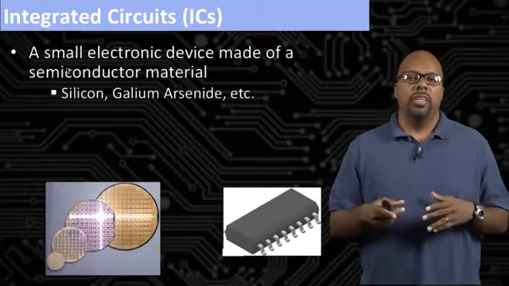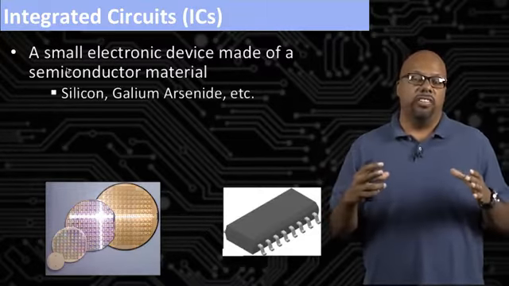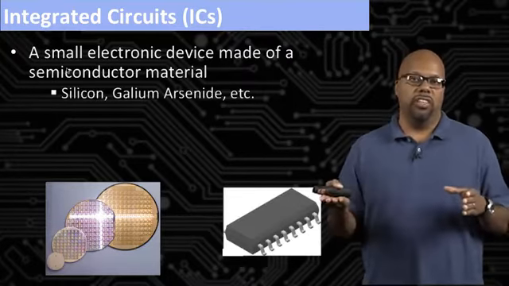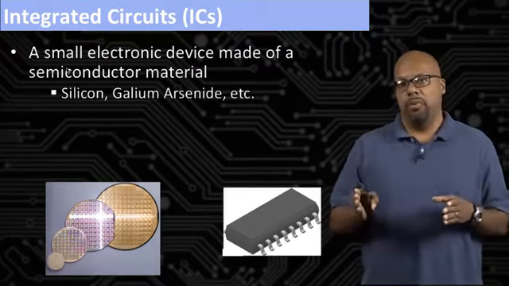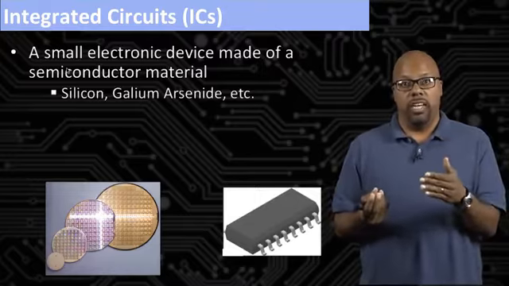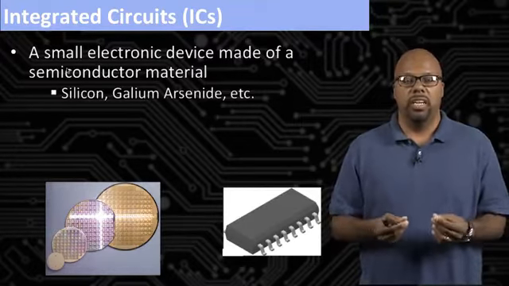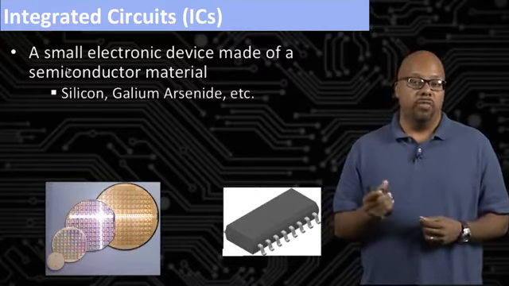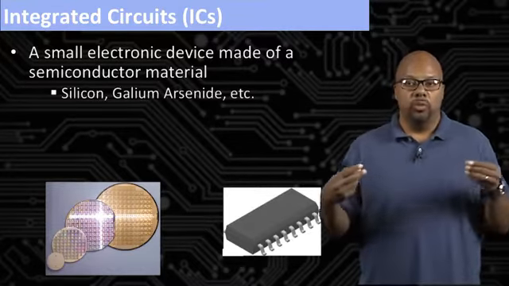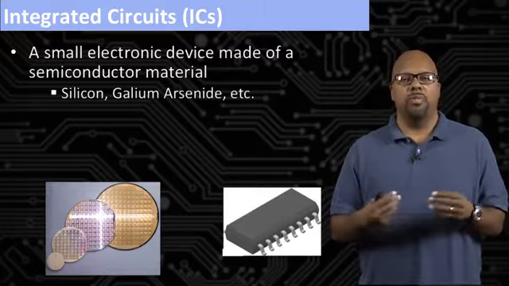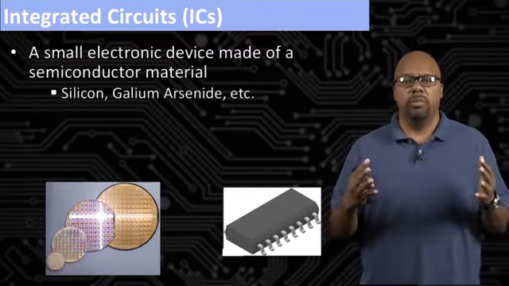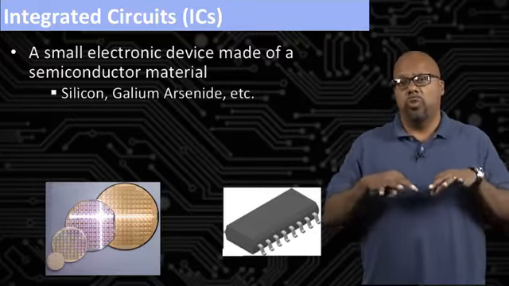So you can see down there, these flat, circular discs. Those discs are slices of silicon, and you chop them up into little rectangles, and each rectangle is a chip, right? And so you take that chip and you package it, as you can see over there on the right. You hide it inside this bigger package, and the package is used to protect the chip, also to cool the chip as it's running, also to wire its pins.